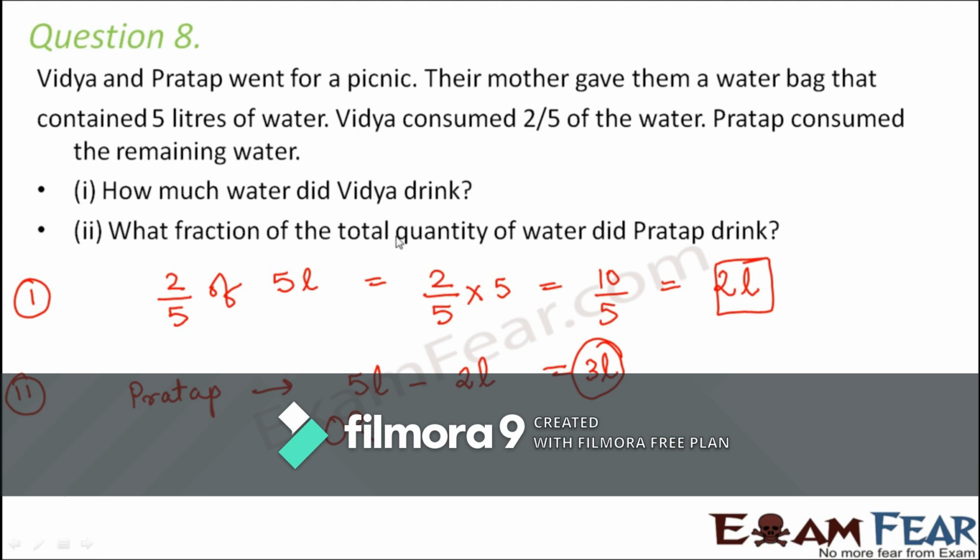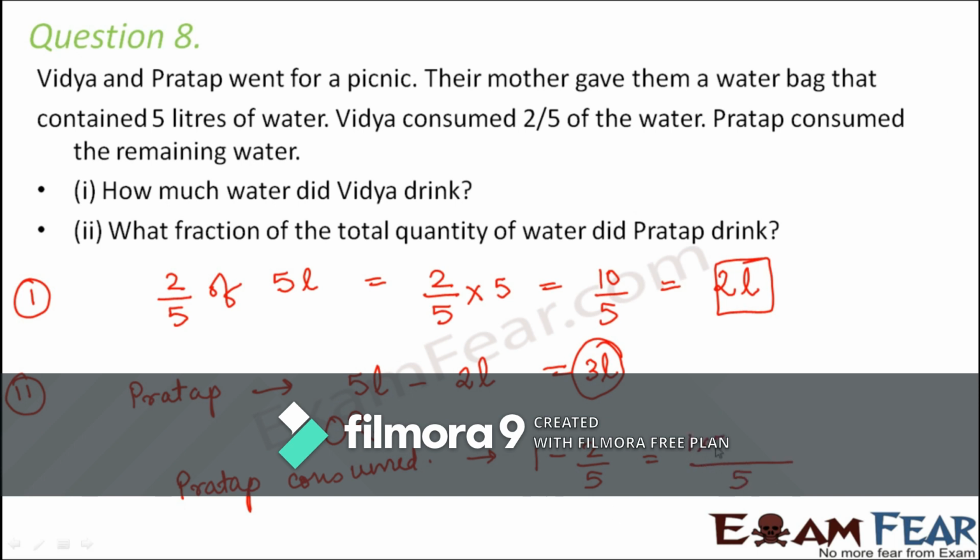The other way of doing it is, if Vidya consumed 2/5 of water, that means Pratap consumed how much water? Pratap consumed 1 minus 2 by 5. So 1 is the complete water, because now we are talking in terms of fractions. So 1 is the total water minus 2/5, which is drunk by Vidya. In this case, the denominator would be 5.